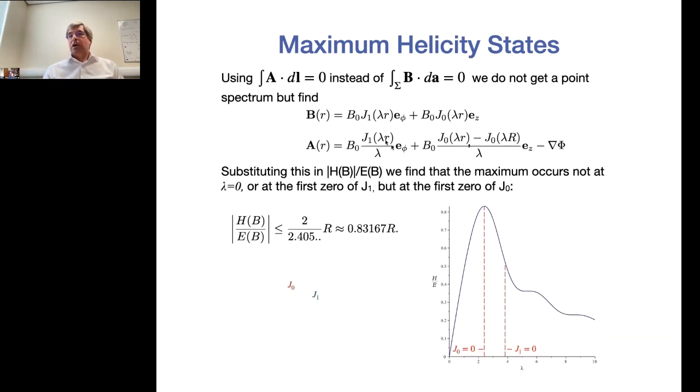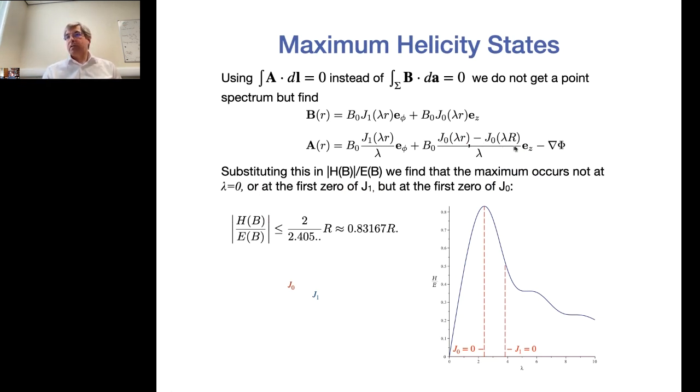Right. So here I wrote down the actual solution for our Lundquist fields. You can find here the term which ensures that the integral of A dl is vanishing.